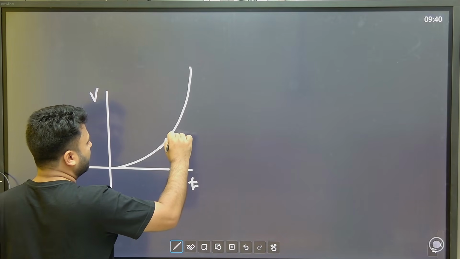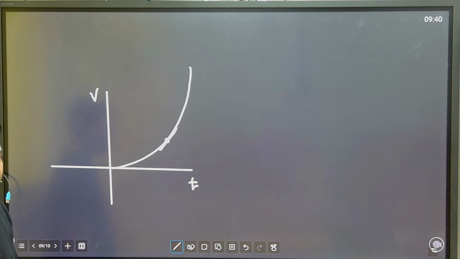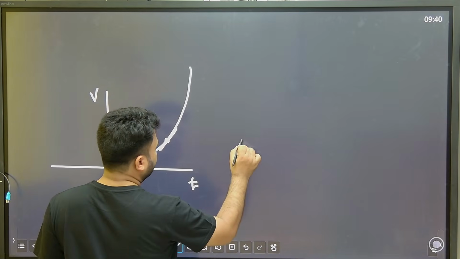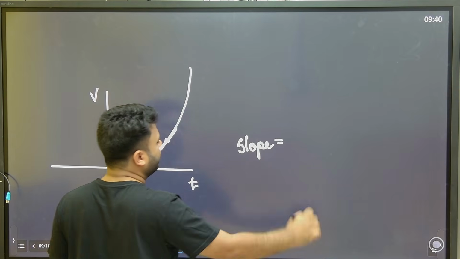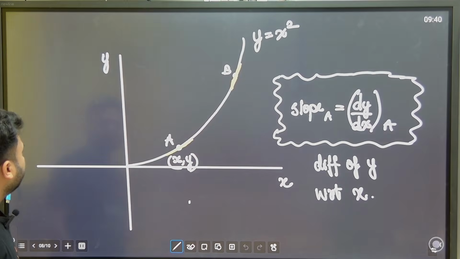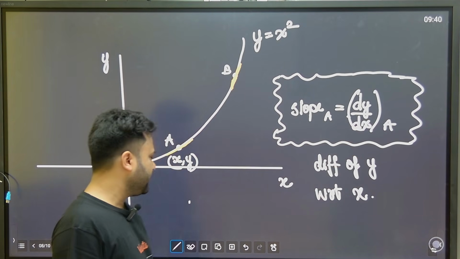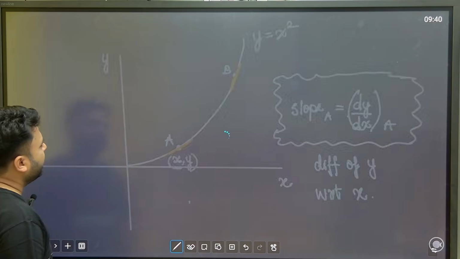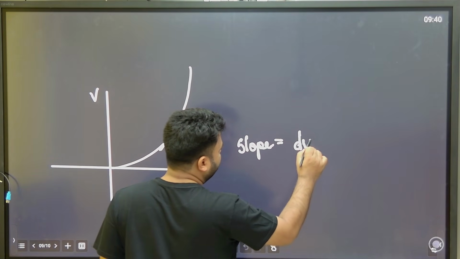Again, you will draw one tangent like this. If they ask the value of the slope, what do you need to write? See, earlier, if this is a y versus x graph, we used to write the slope as dy by dx. Similarly, if it is a v versus t graph, we will write the slope as dv by dt.